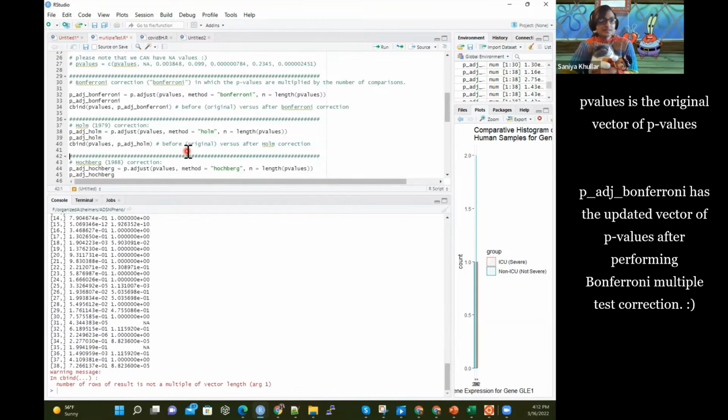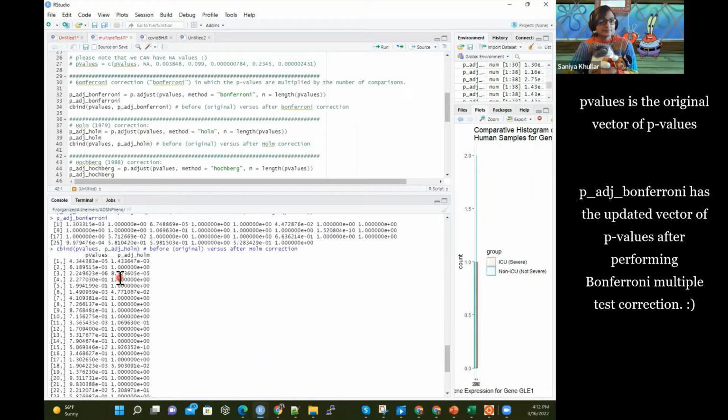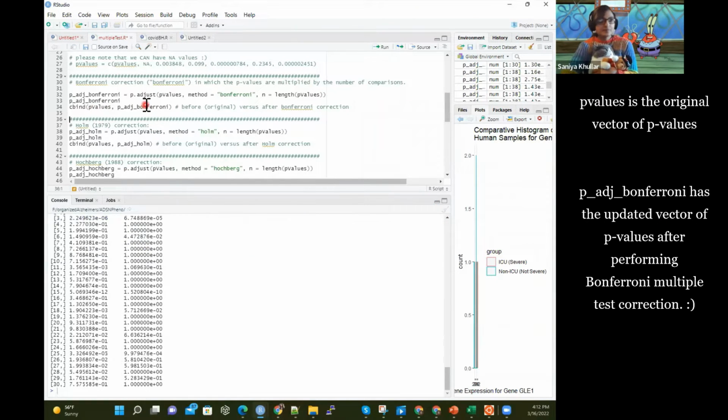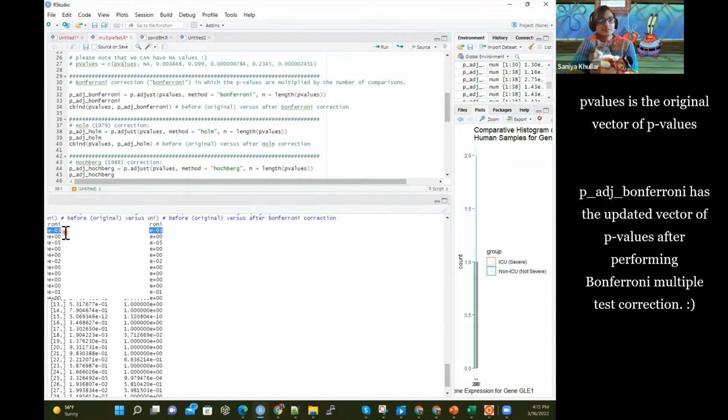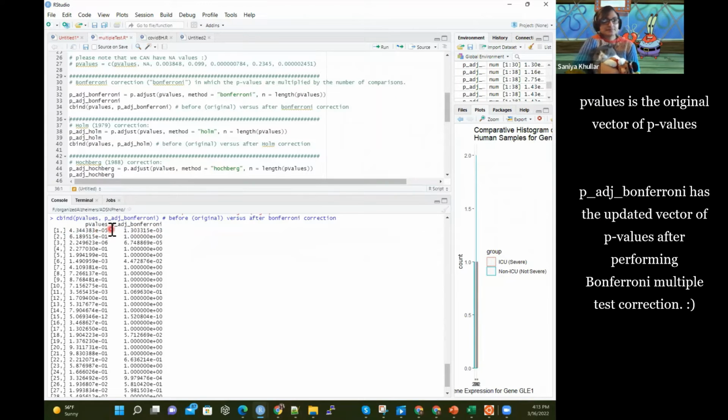If I put these side by side, this is p-values, and this is the Bonferroni adjustment.